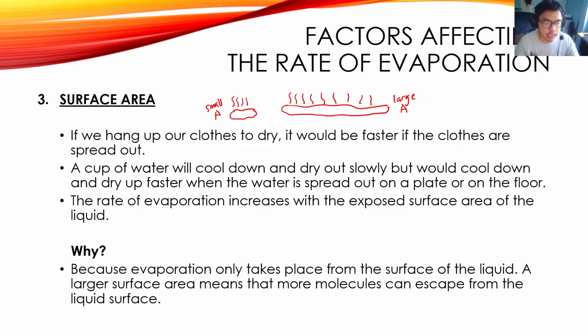This is because evaporation only takes place from the surface of the liquid. A larger surface area means that more molecules can escape from the liquid surface. And that's why evaporation is faster if the surface area of the object that is trying to dry is larger.